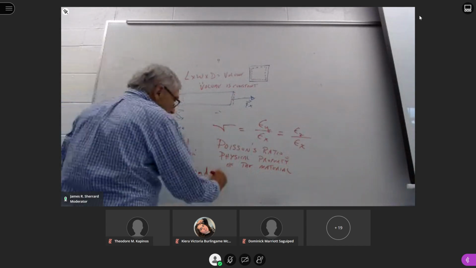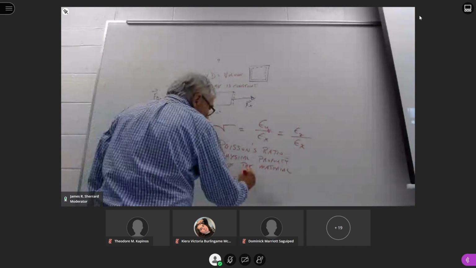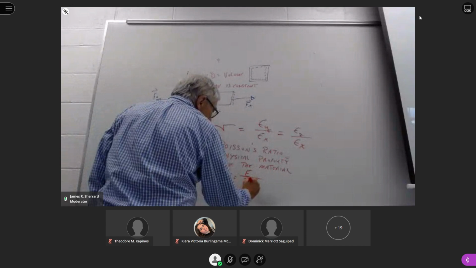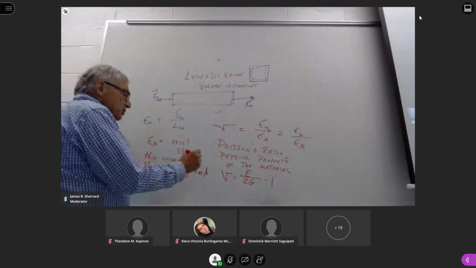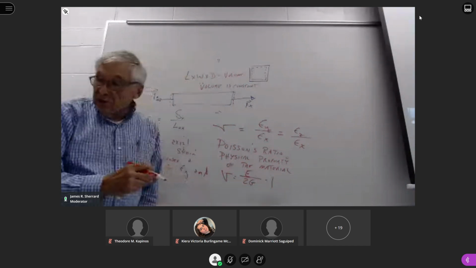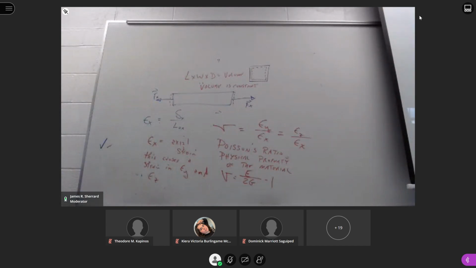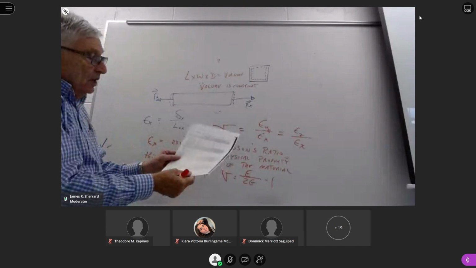And specifically, it is equal to E divided by 2G minus 1. And again, this is a definition of Poisson's ratio, where E is the modulus of elasticity, which is one of the values given on the table that I sent to you earlier.